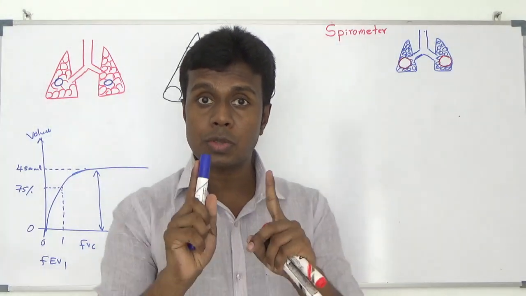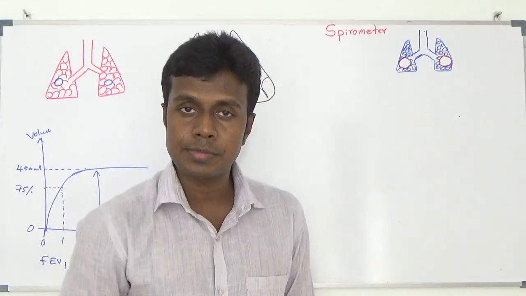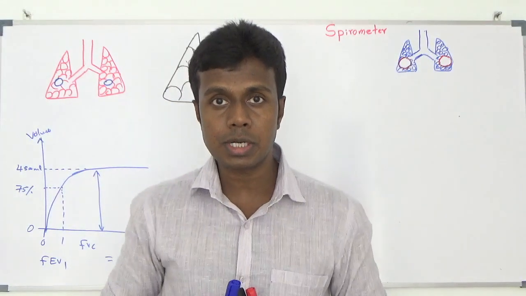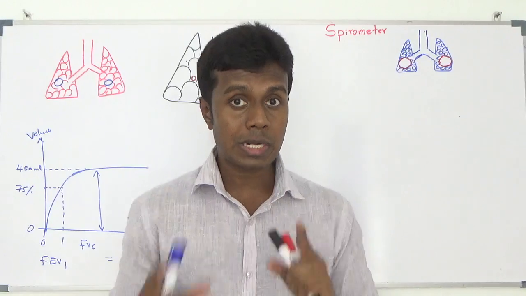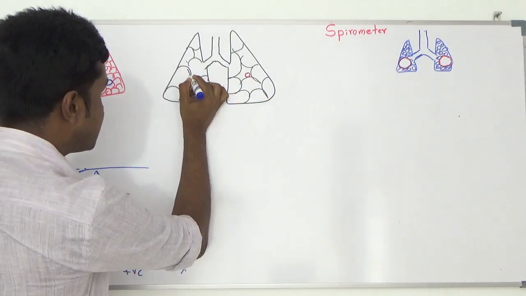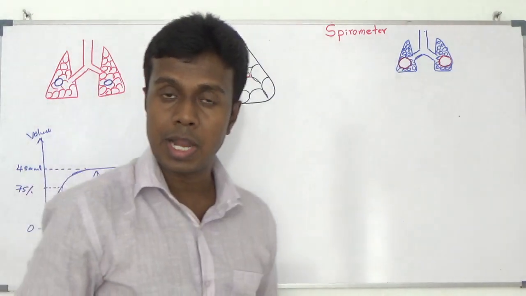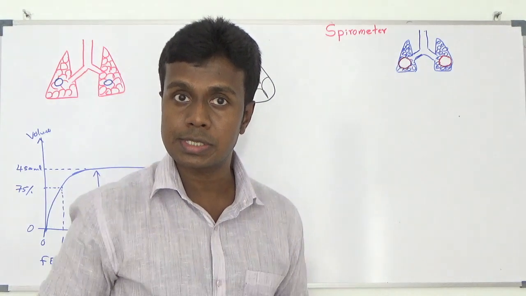The primary pathology of chronic obstructive airway disease is that the airway is obstructed. There are two entities of patient with chronic obstructive airway disease. Number one, the emphysema entity. What happens in the emphysema entity is that the alveolar septa is damaged, maybe due to smoking and induction of protease enzyme. Alveolar septa break down because of the activation of elastase.